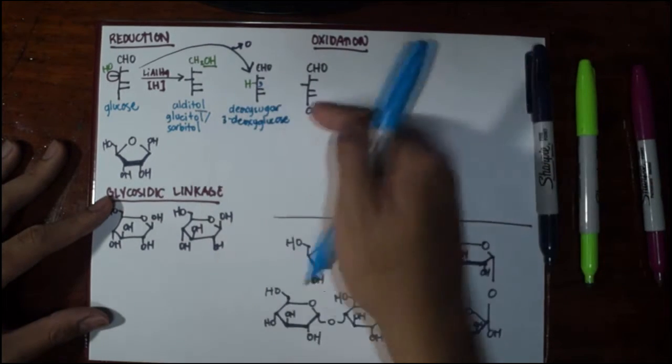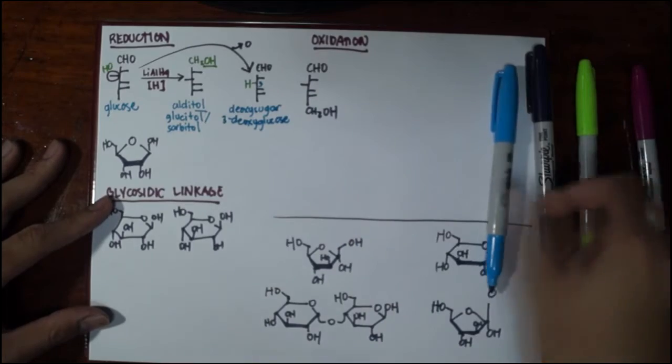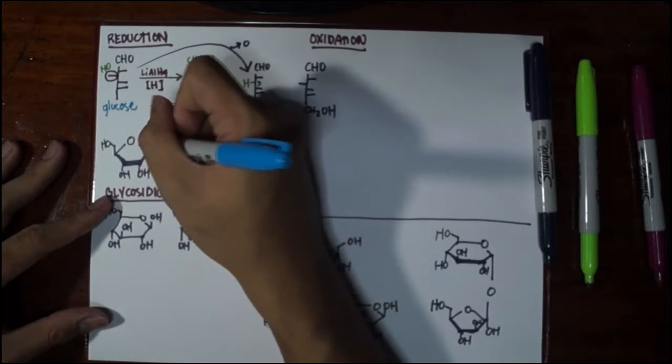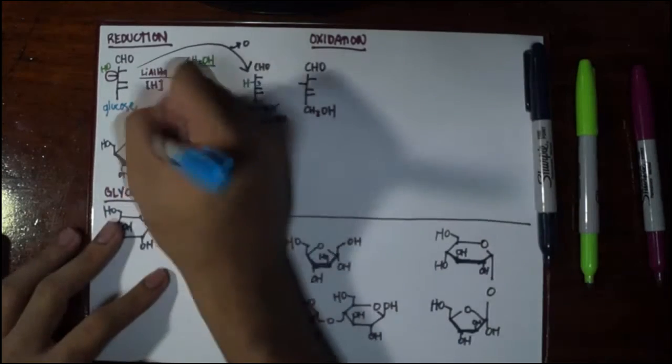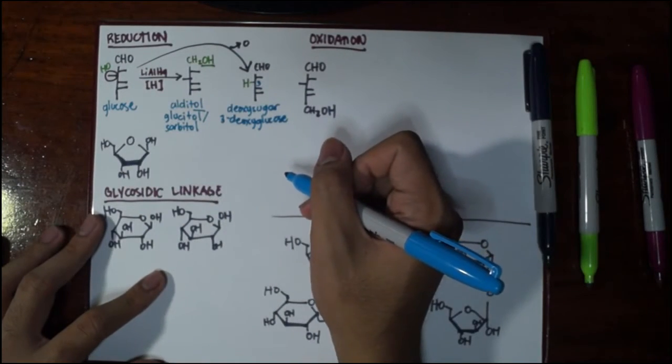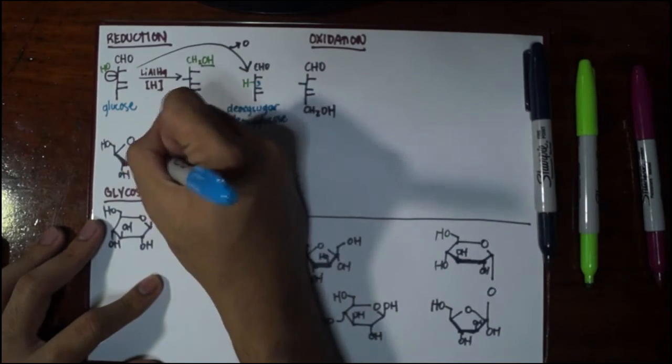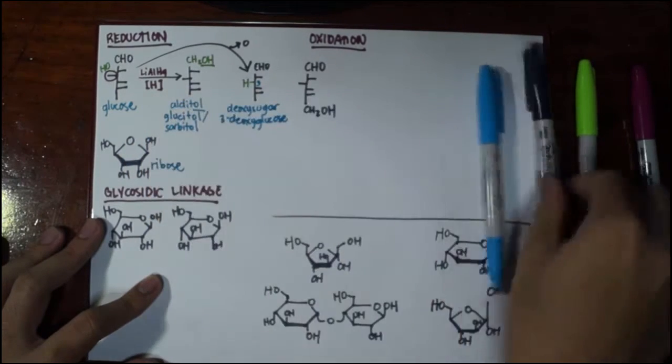Actually, a famous deoxy sugar is something that we have already encountered, and I think you're already getting the hint of what that is. This is a 5-carbon sugar known in nucleic acids as ribose, and I think you guys know where this is going.